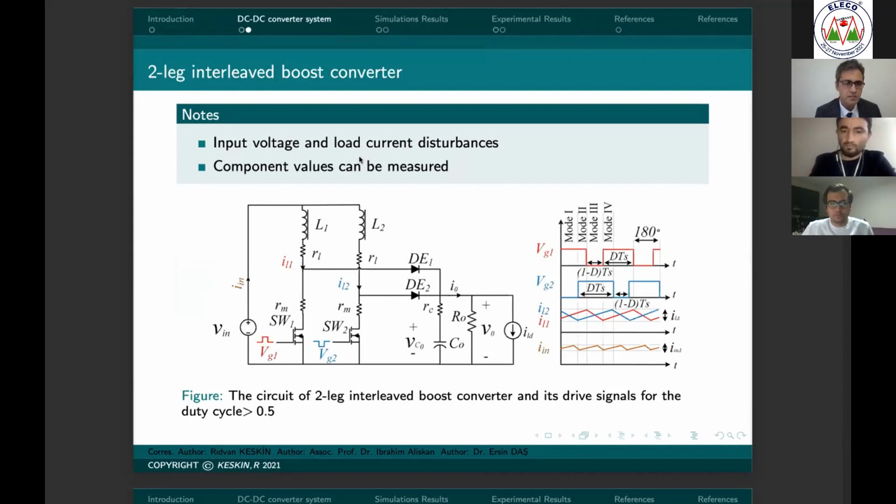As you know, the internal resistances of the components are very critical parameters in finding the gain of the converter or any other transfer function, for example, as you have done in this study. As I can see here, you entered all of the internal resistances for the components, but for the power diodes, DE1 and DE2, I can't see any internal resistance. Can you let us know what the reason was?